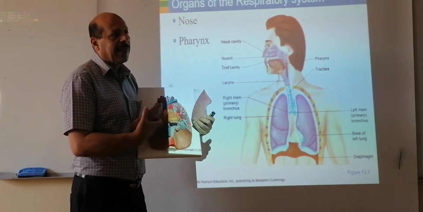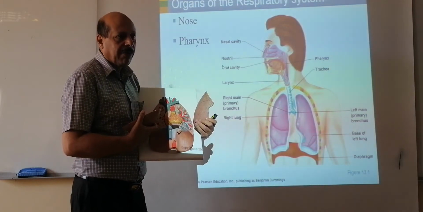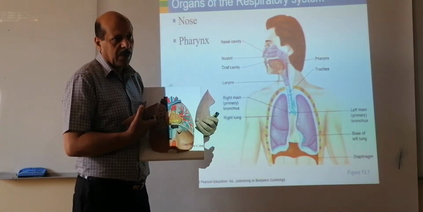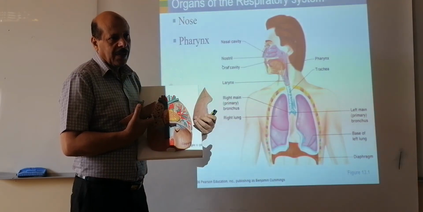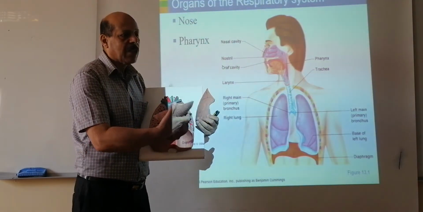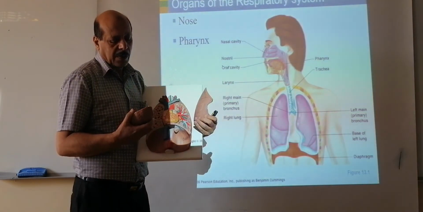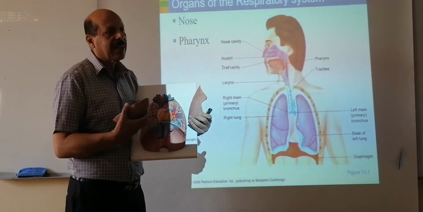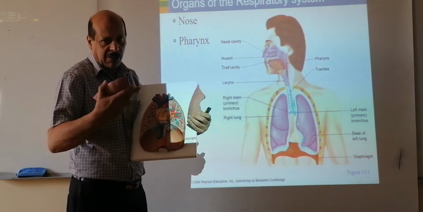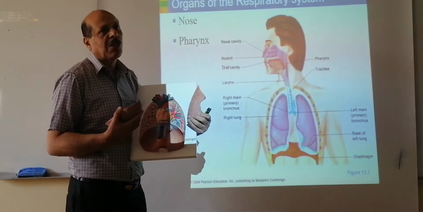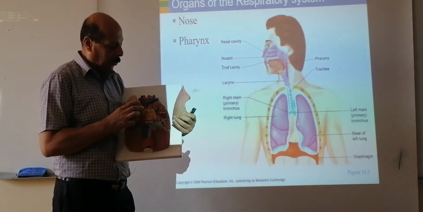The right lung consists of 3 lobes. The left side consists of 2 lobes. So the right side is divided into 3 partitions or 3 lobes, and the left side, which is the smaller, is divided into 2 lobes.